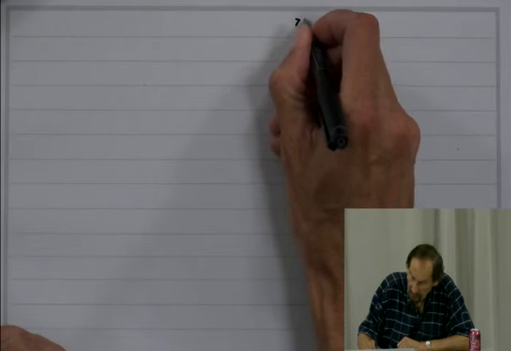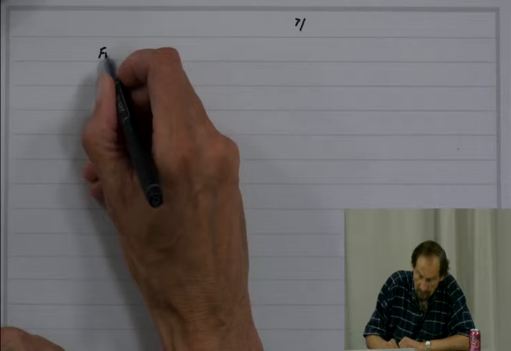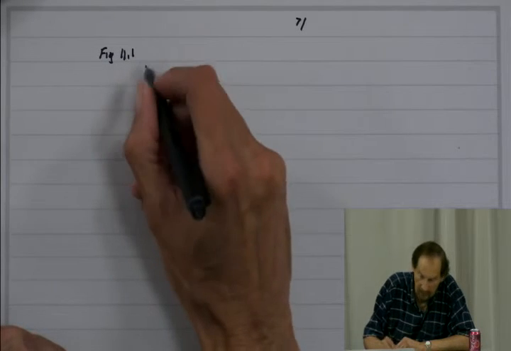It said we could go up by U, and we could go down by D. So let me look at the figure that's in the book. Let's look at figure 11.1, page 297.